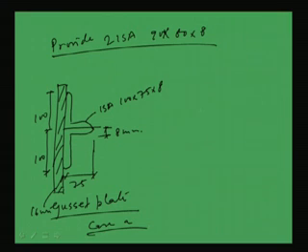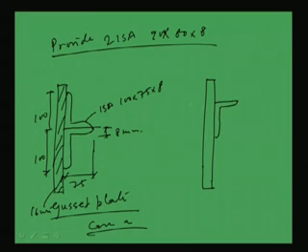And in the second case, what we have seen is that the angles are placed on opposite sides of the gusset plate, right.